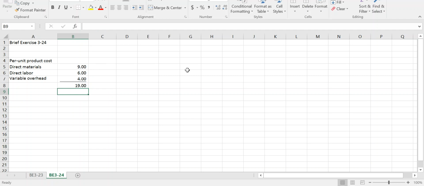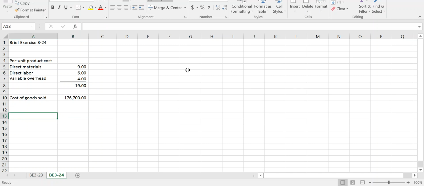So that gets us $19 per unit for our product cost, because again, with variable costing, they assume that those fixed costs are really more part of staying in business. So they're categorizing their costs, breaking them out by how they behave, being the difference between variable and fixed. So our cost of goods sold then is going to be the 9,300 units that we sold times our per unit product cost. So our variable cost of goods sold is going to be $176,700.